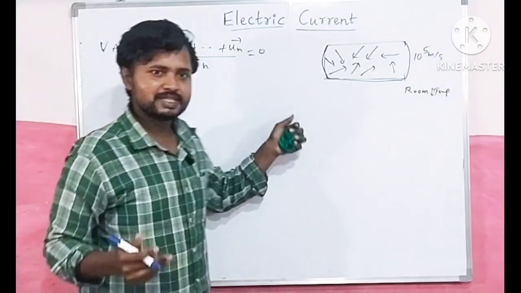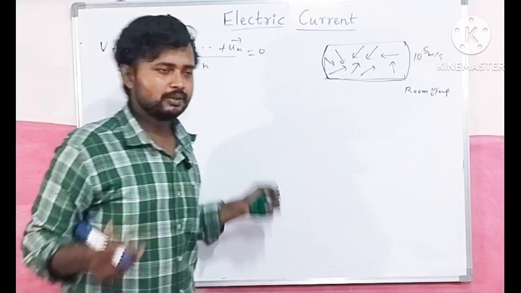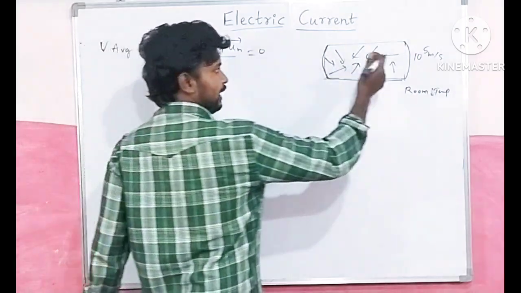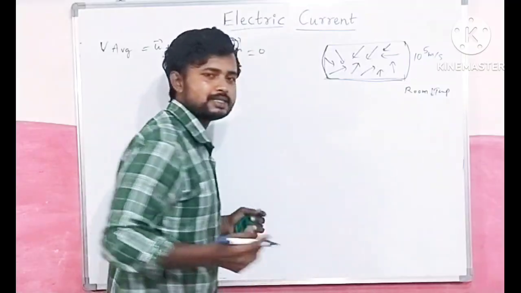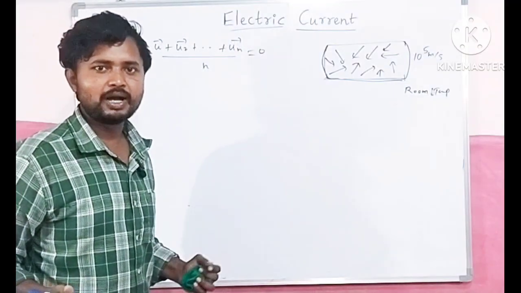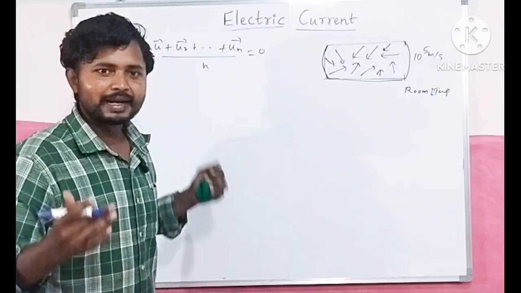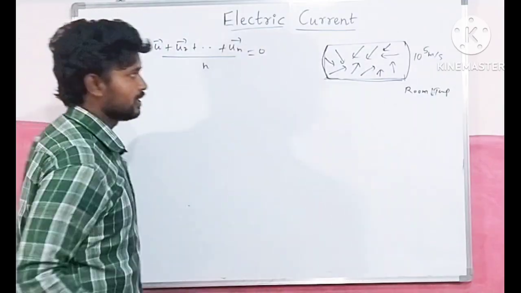The net flow of charge is 0 because the electrons moving from left to right are equal to those moving from right to left. We cannot say how much electrons are moving from left to right or from right to left. So the net flow of electrons is 0.